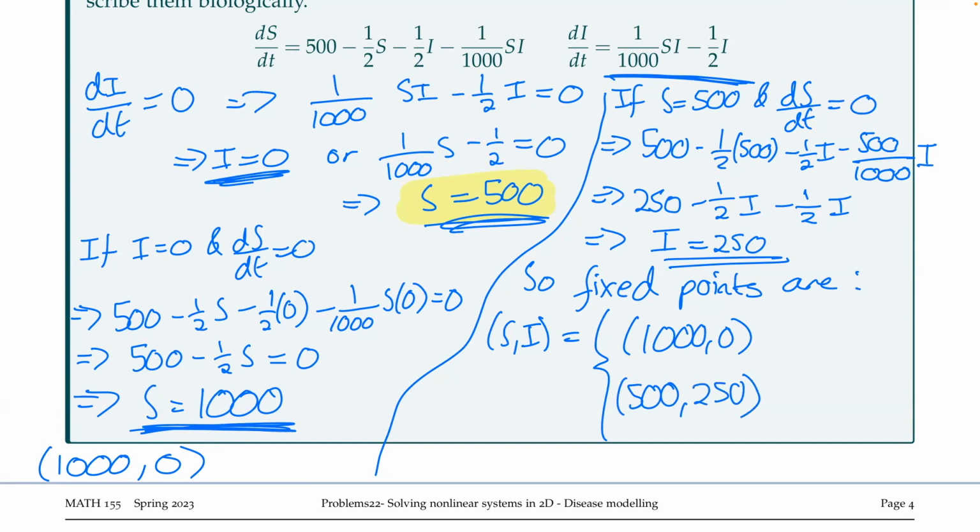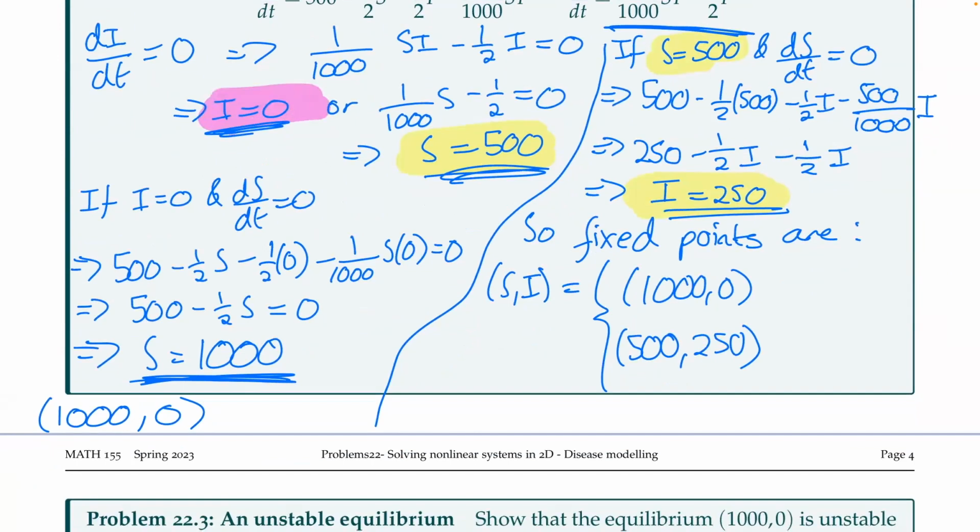Okay, a mistake that people often make is they put all combinations of these things down, but the only combinations we have are if S is equal to 500, I must equal 250. Those ones in yellow. And if I is equal to 0, then S must equal 1,000. We don't have S is equal to 1,000 and I is equal to 250.